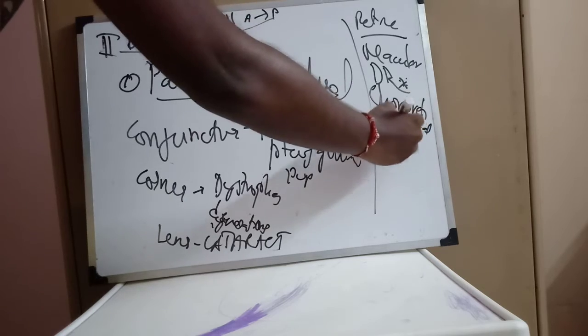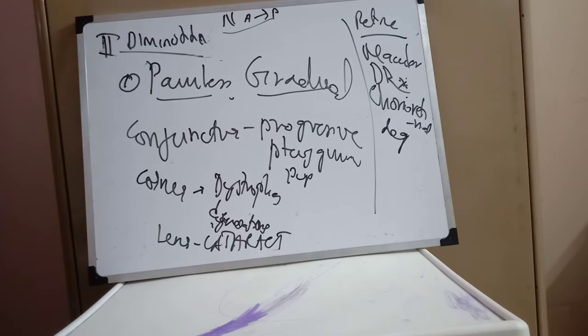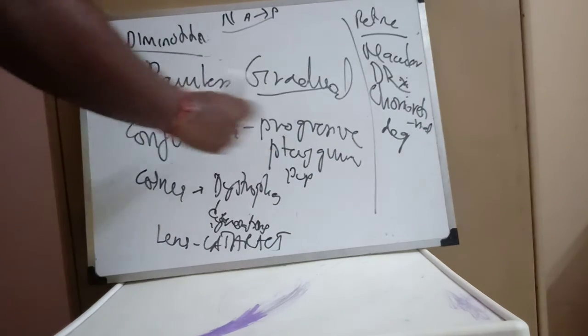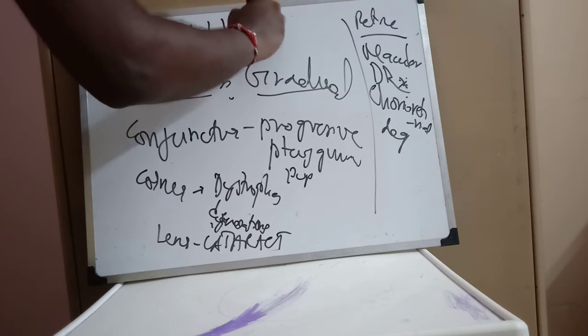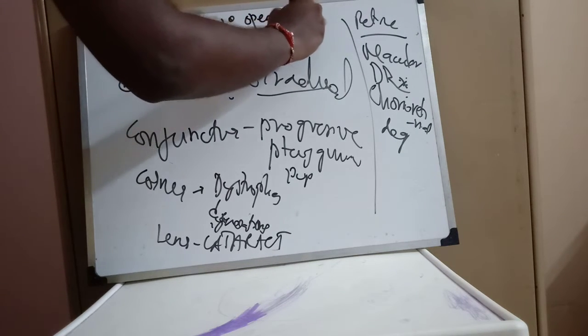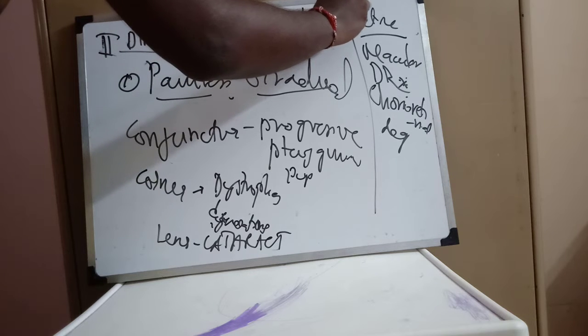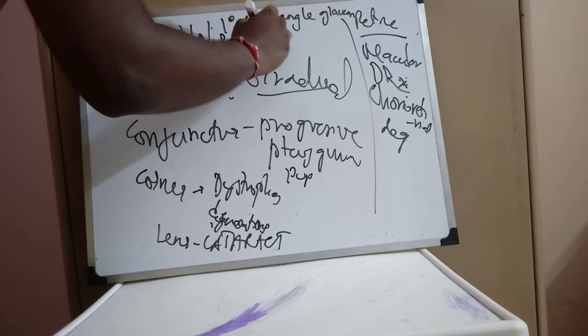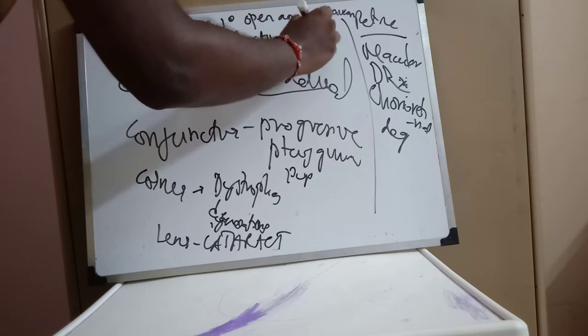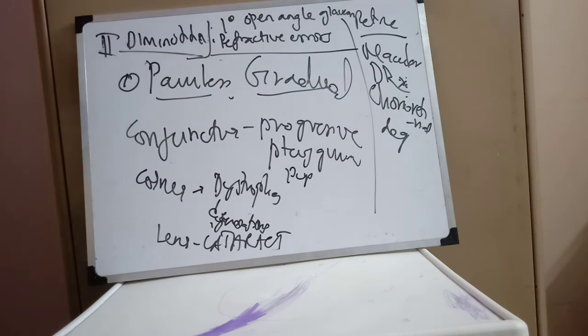Chorioretinal degenerations are also going to be seen. And then you can have primary open angle glaucoma, and you also have refractive errors.